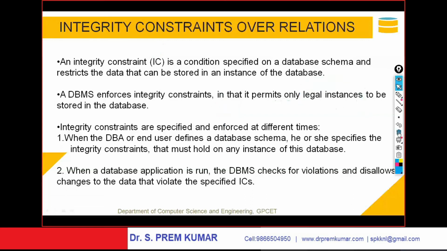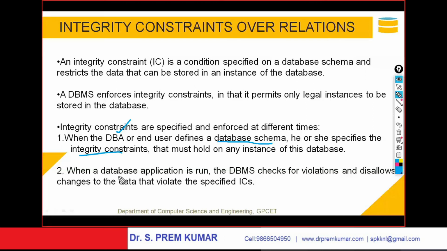The integrity constraints are specified and enforced at different times. That is when the DBA and end users define the database schema. While creating the schema itself, the database administrator specifies the integrity constraints. They are to be specified when you are creating the structure, the schema, by the DBA. That is one point.